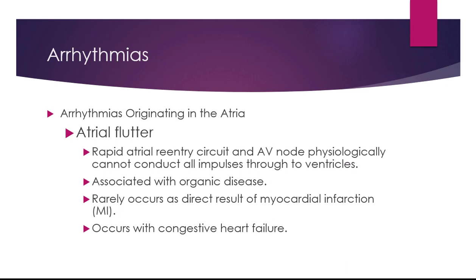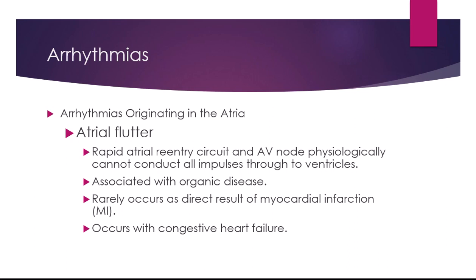The reason why this doesn't turn into either SVT or MAT is that this impulse comes down, and the AV node does not let every one of them go through. And that's a very, very good thing.